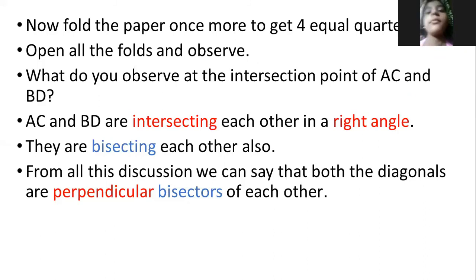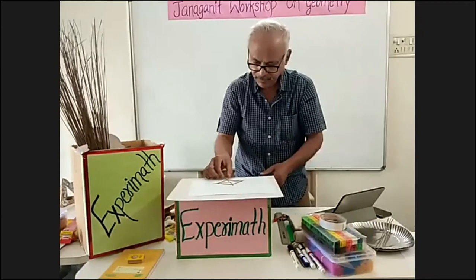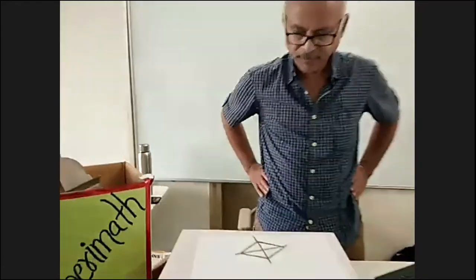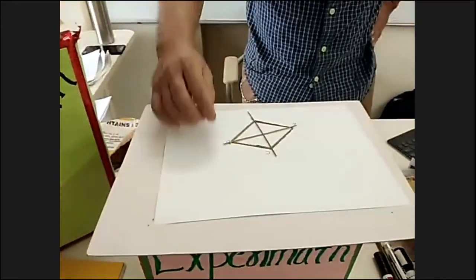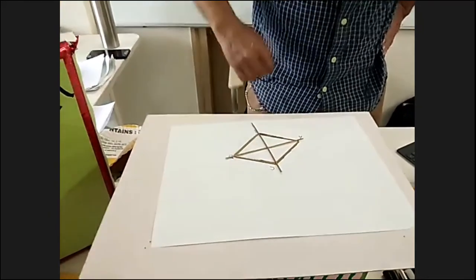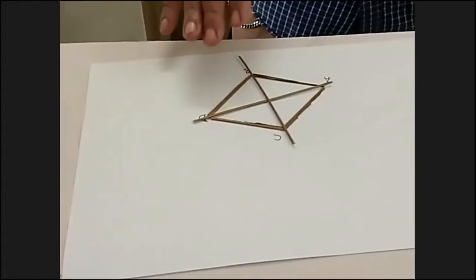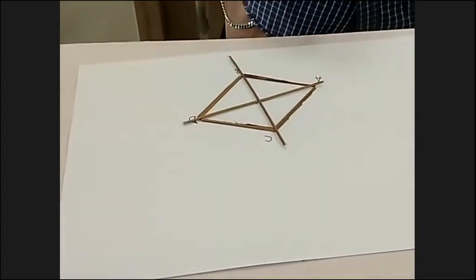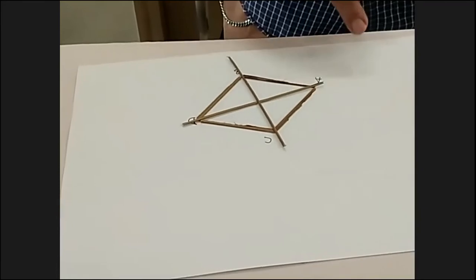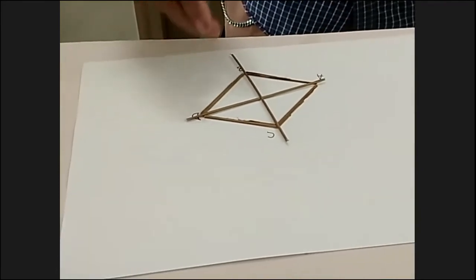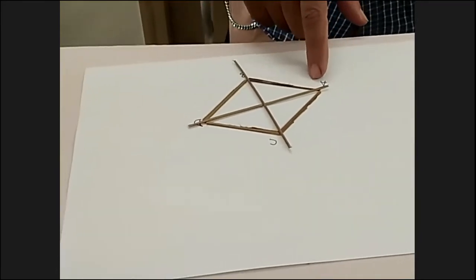So here I have drawn one diagonal AD. I'm going to draw the other diagonal, BC. So when I make a rhombus ADBC, when I draw the diagonal AD, that bisects the angle at A. Okay?